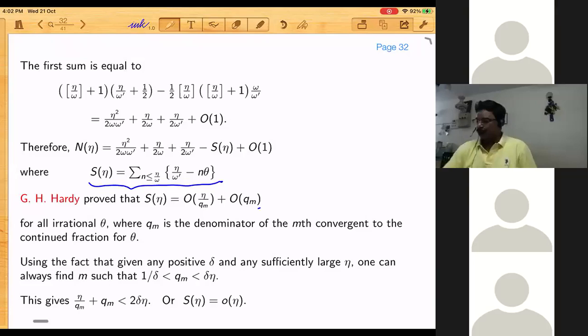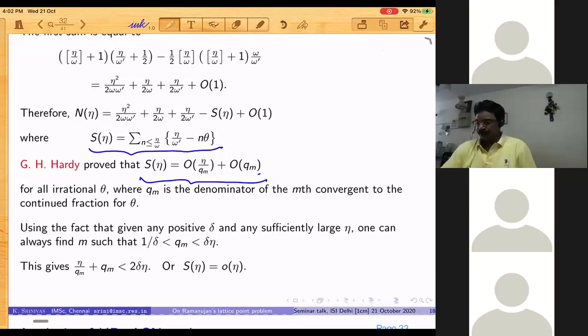Once you have this, given any delta and any sufficiently large eta, one can always find an m such that the denominator of the convergent is bounded below by 1 by delta and above by delta eta. This is a standard fact in this theory. Therefore, the errors are bounded by Qm and eta by Qm.